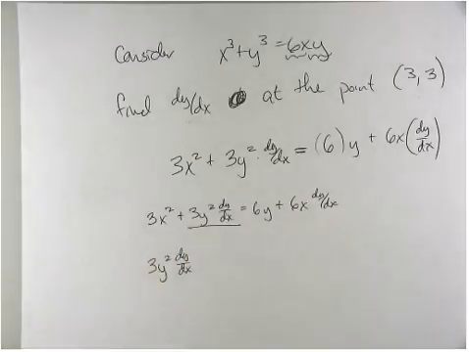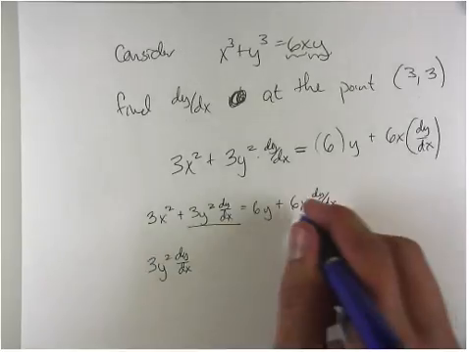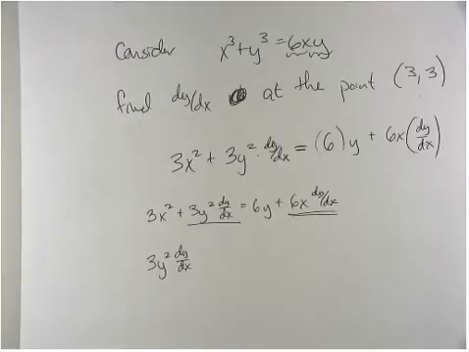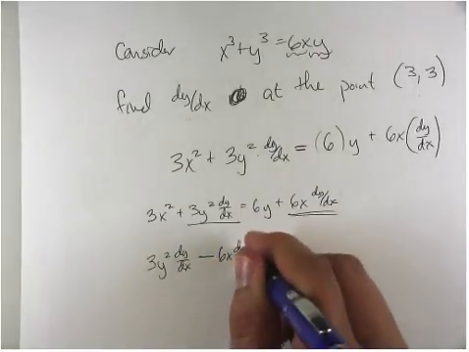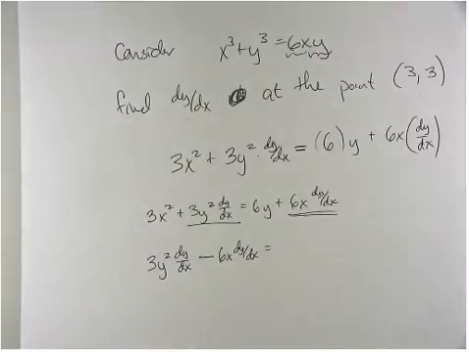This 3y squared dy/dx has a y prime in it, so I'm going to leave it on the left side. This term, 6x dy/dx, it has a y prime in it. So I'm going to move it to the other side of the equation. So I'm going to subtract 6x dy/dx. And then all the stuff that doesn't have a y prime in it, I'm going to move to the other side of the equation.